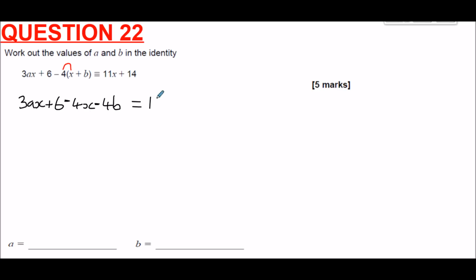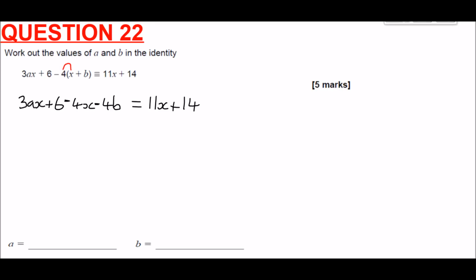On the other side, we've got 11x plus 14. What I'm suggesting is we have all the familiar stuff on one side, and the weird stuff, the 4b and the 3ax, on the other side, so we can compare one side to the other.